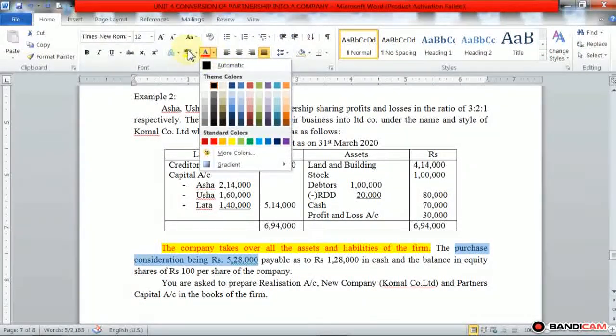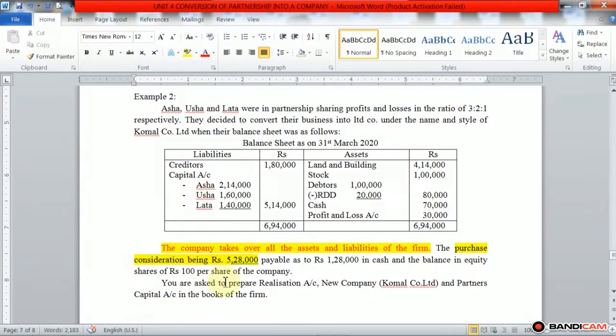So here purchase consideration amounted to rupees 5,28,000.